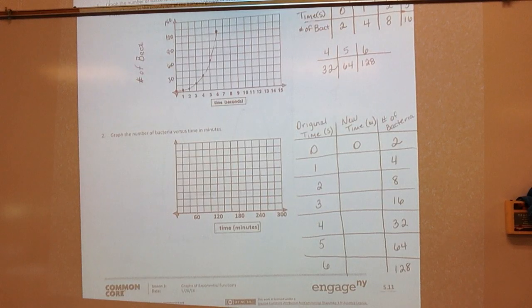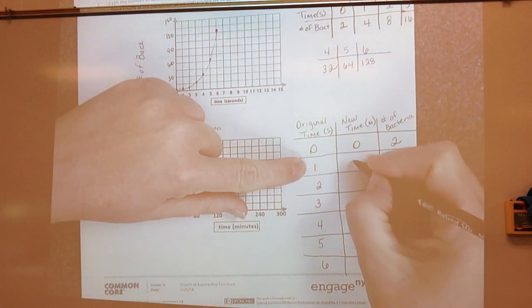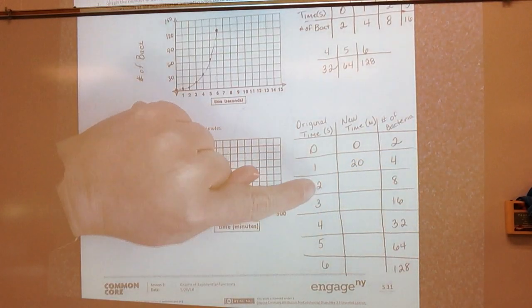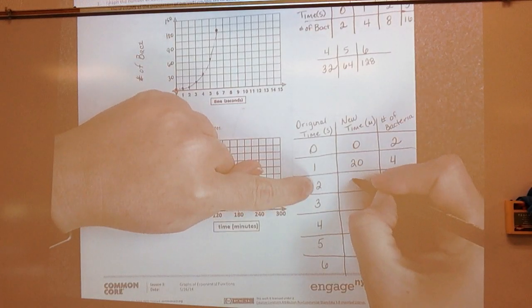All right, so I told you that the narrator actually says it takes 20 minutes for the bacterium to divide. So if I'm making one division, 20 minutes has passed. If I'm looking at the second division, how many minutes have passed? 40.